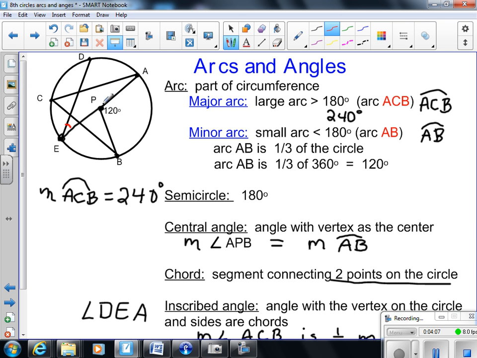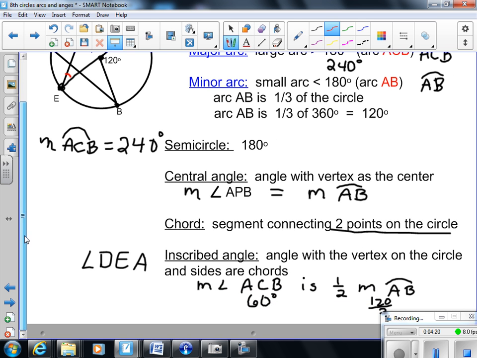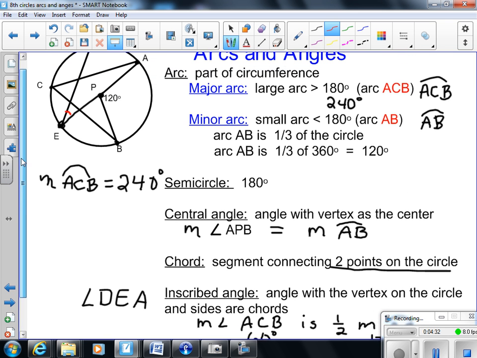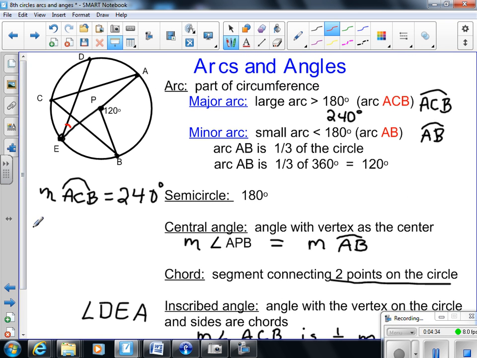Angle CAE is inscribed because my two sides are chords of the circle and the vertex lies on the circle. Now here's a note that you need to keep track of. An inscribed angle, unlike the central angle, to get its measurement, it's going to be half of the measurement of the arc. Half the measurement of the given arc.